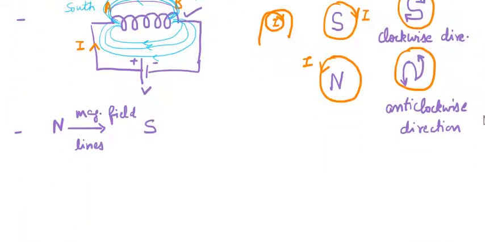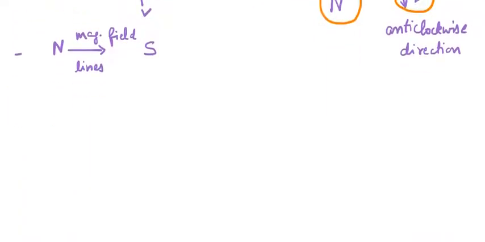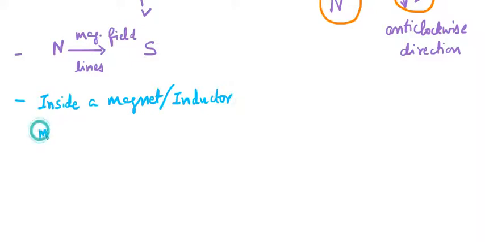There is one key point which you will rarely find in books, that is, inside a magnet or inductor, magnetic lines of forces travel oppositely to the regular convention, that is, from south to north.